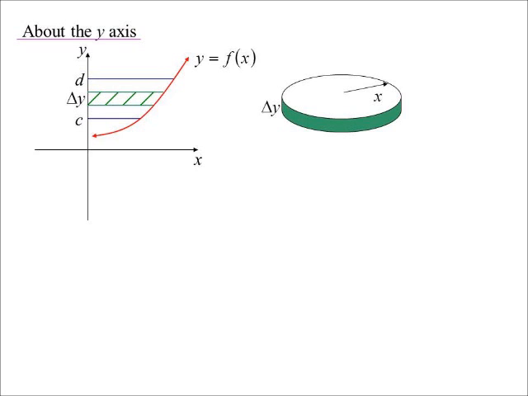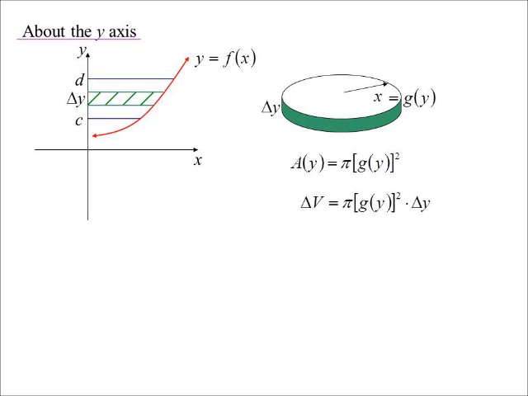I want the y coordinate. I've got a function up here, but of course, that's y equals. I want it as x equals. So I can use my inverse functions and find out x is some other function of y, whatever it turns out to be. So the area, basically, we get exactly the same thing, but now it's in terms of y instead of in terms of x.